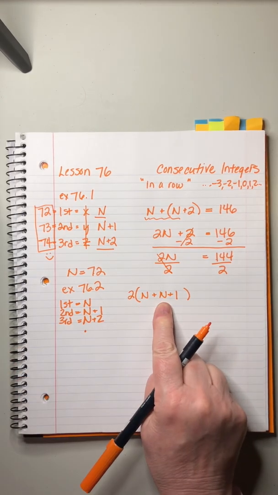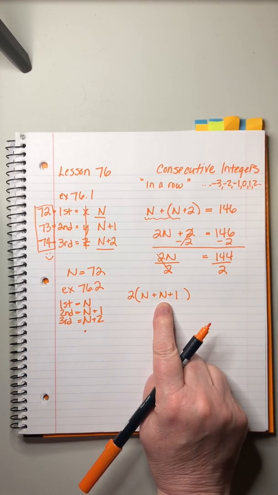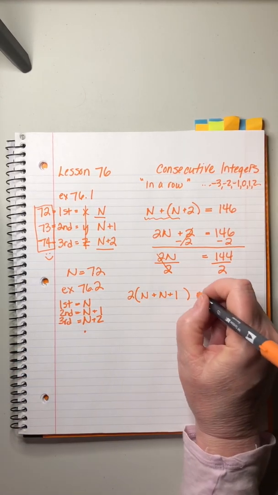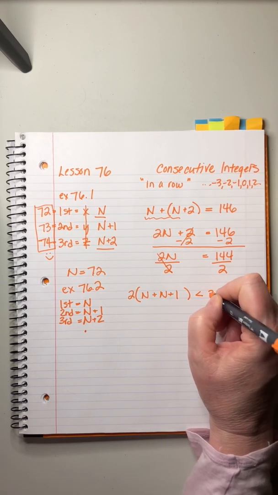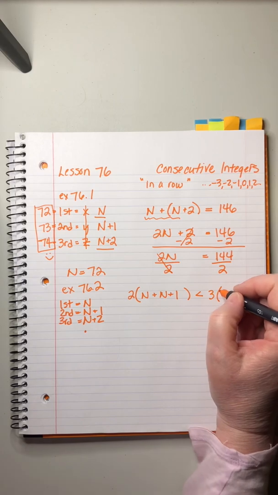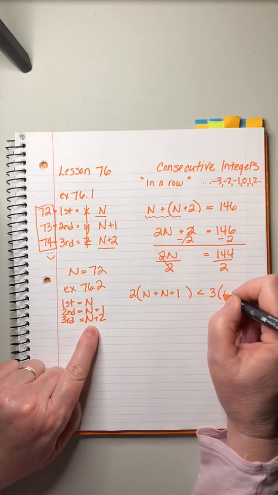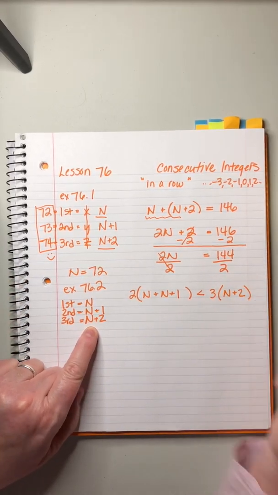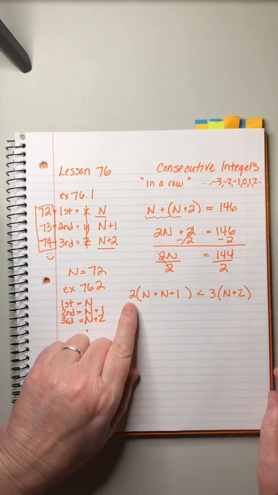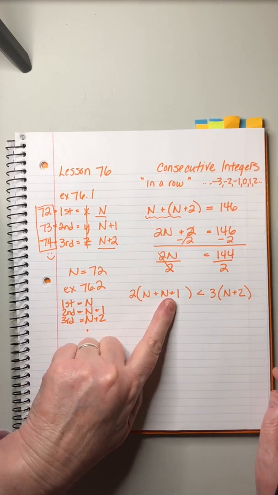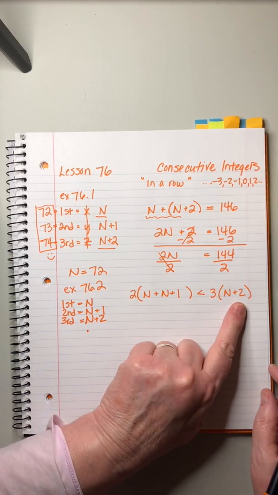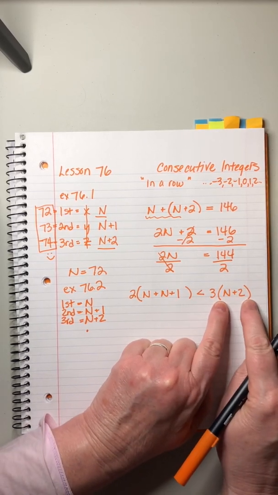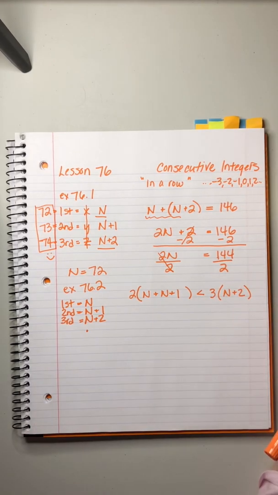Twice the sum of the first 2 is less than 3 times the third. Okay? 2 times the sum of the first 2 is less than 3 times the third. Here, the parentheses are really important, aren't they? Because I have to multiply that.